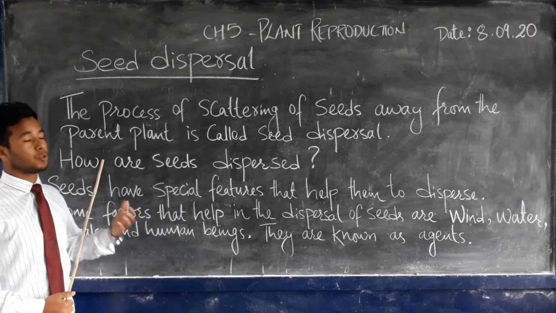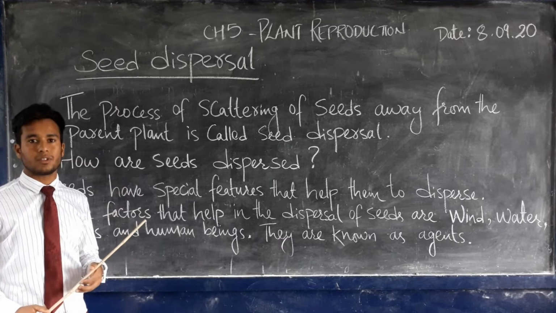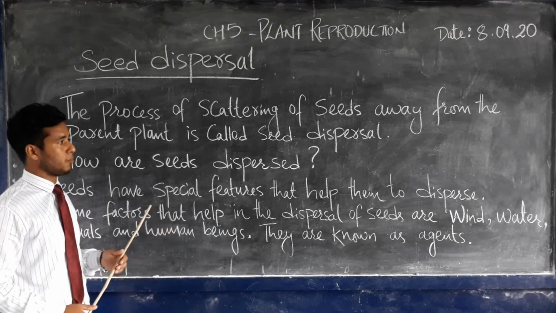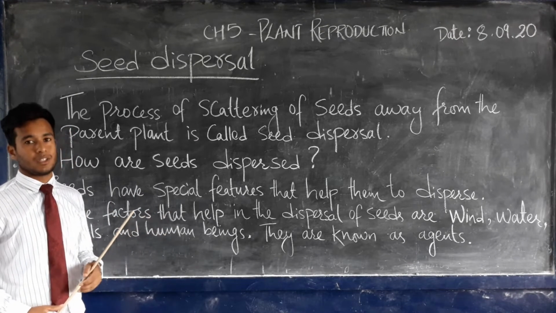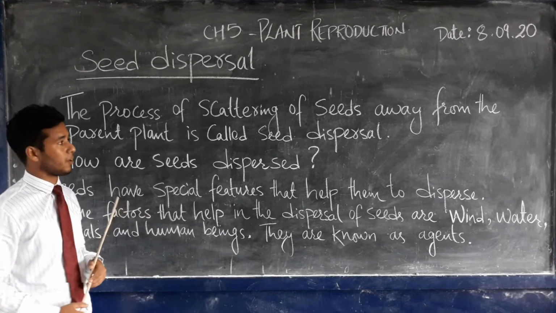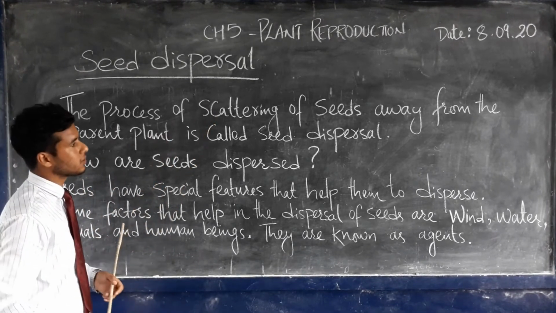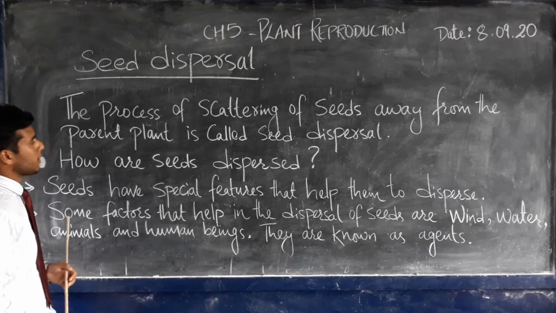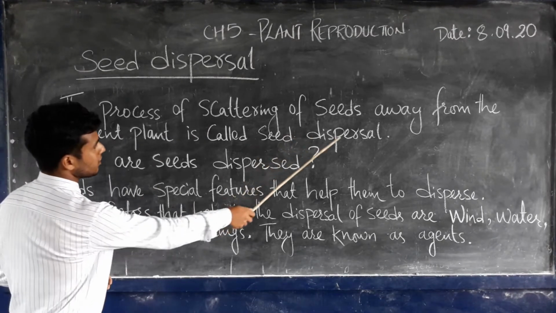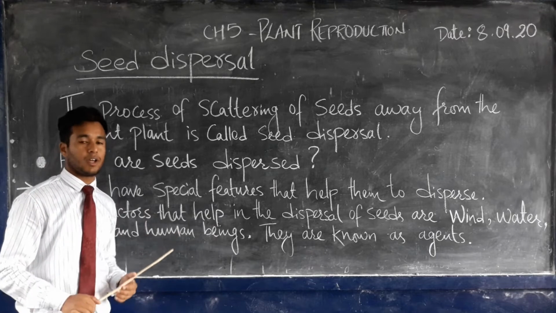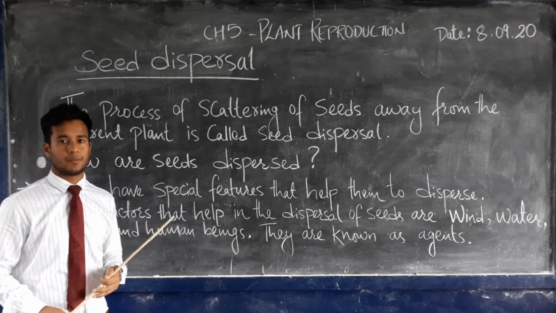Sometimes this sort of question may come as a definition during an exam. So what you can write is: the process of scattering of seeds away from the parent plant is called seed dispersal, or dispersal of seeds.